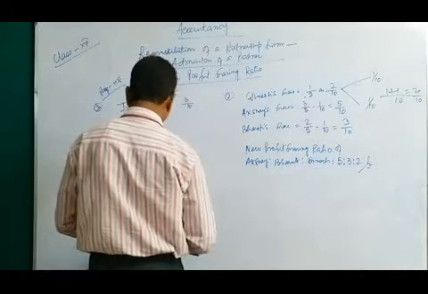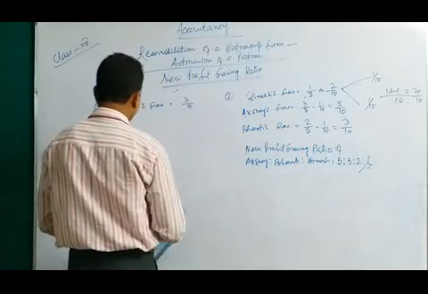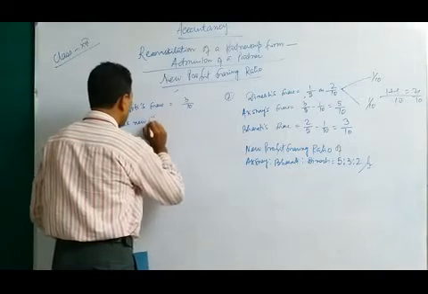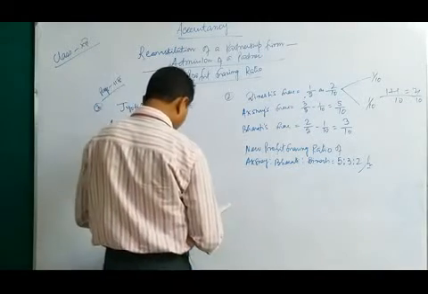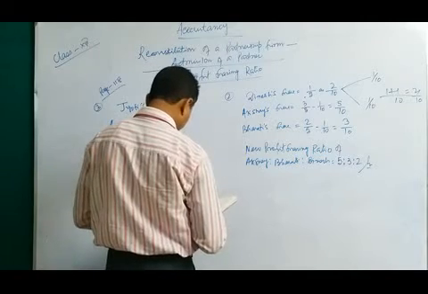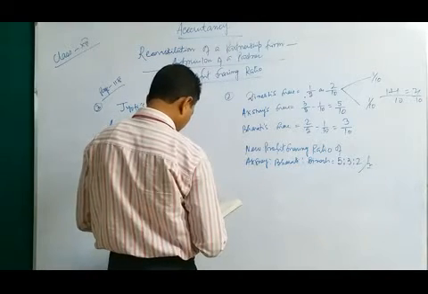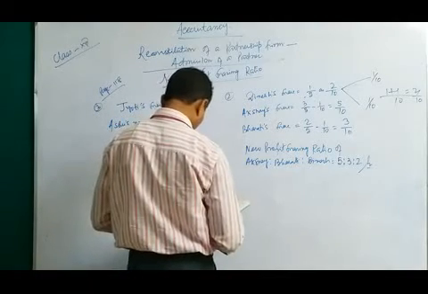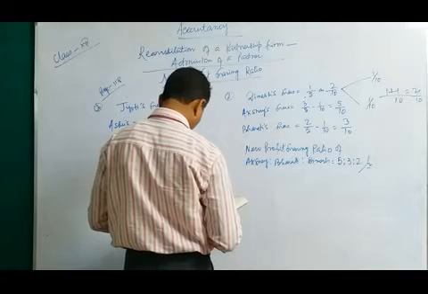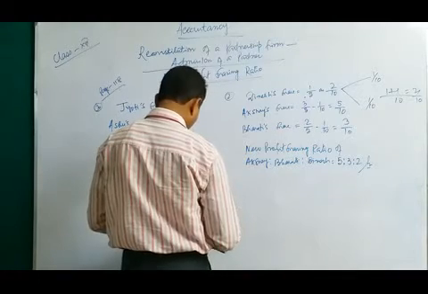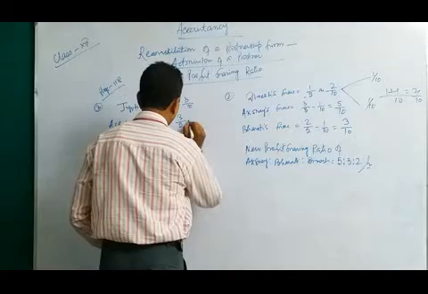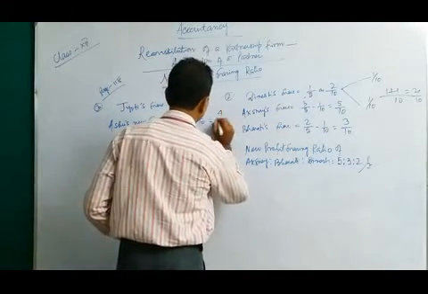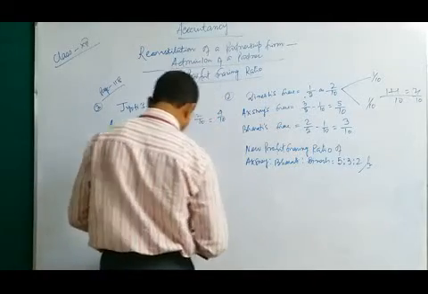Anshu's new share is 3/5 minus 2/10, which is equal to 4/10.